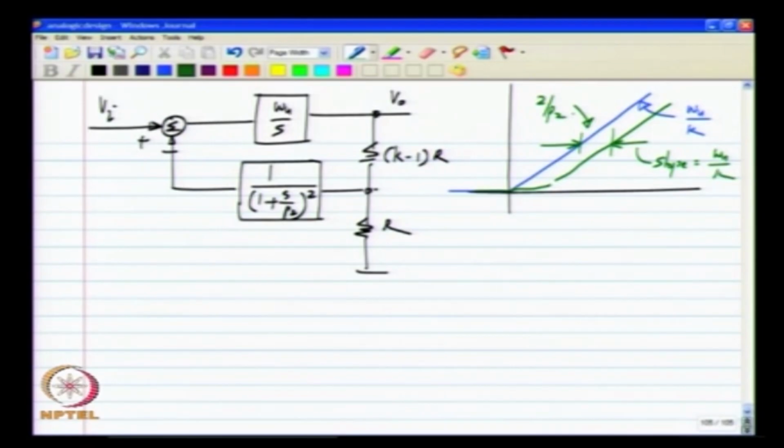In fact, if you have multiple poles in the system, each pole can be thought of as contributing a delay of 1 over that pole.